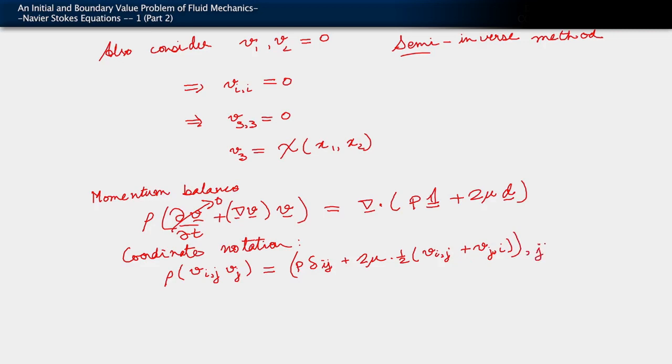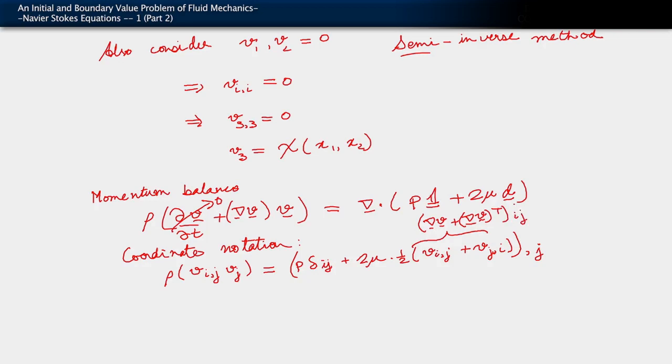And you note that what we have here is simply the spatial gradient of the spatial velocity plus the transpose of that term, all of this with indices i, j. Okay, that's what we have there.